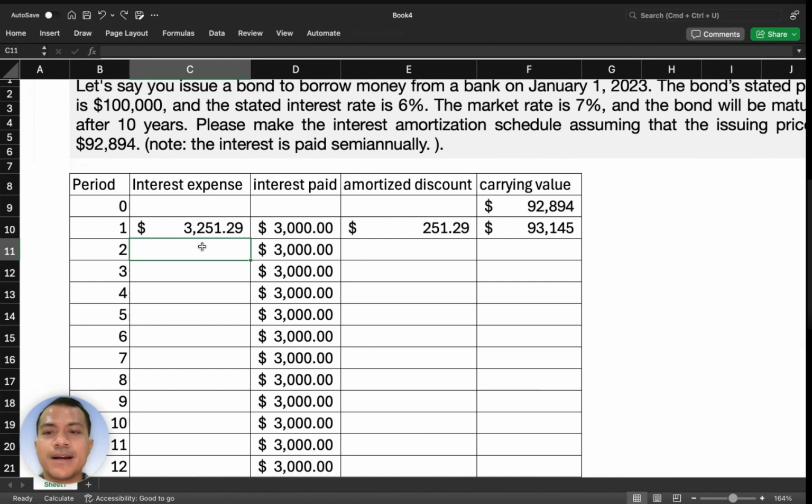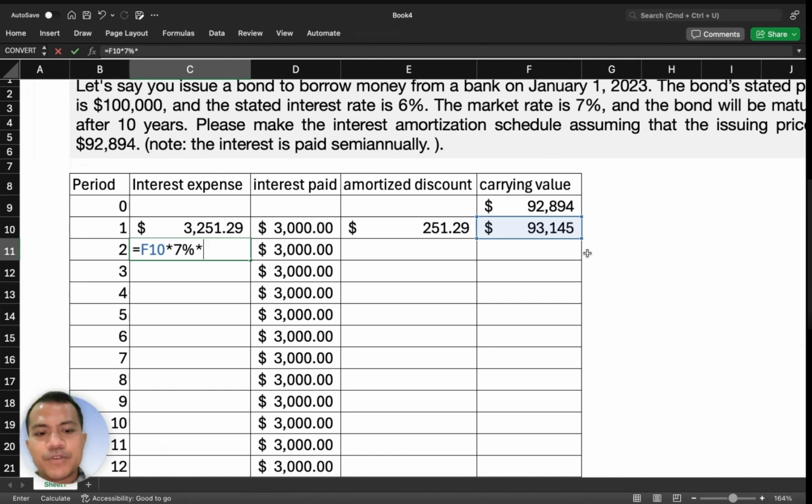Let me do it again for the second interest payment. What is the first figure that you put here? Yes, the carrying value of the previous interest payment, which is 93,145. Then you multiply by which interest rate, 6% or 7%? Yes, 7%, the market rate.